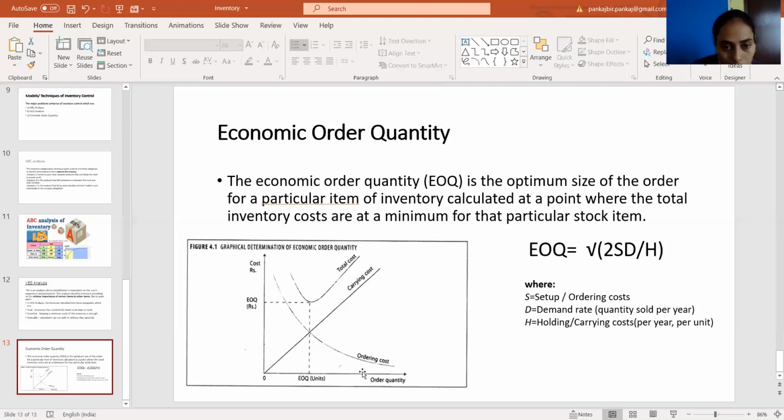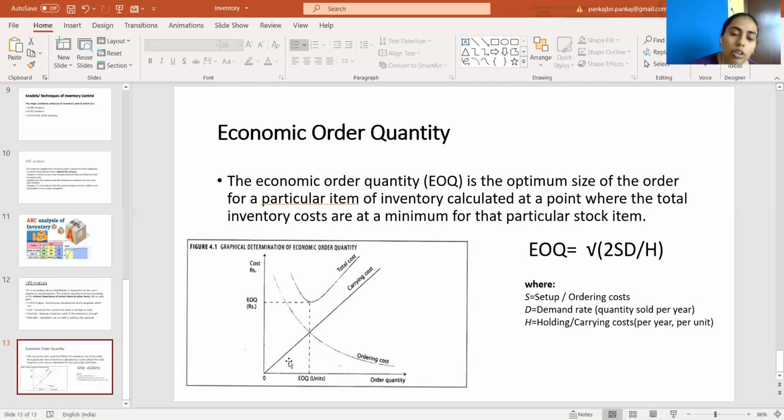So in this graph you'll see that on the x-axis there is the quantity demanded or the quantity held, and on the y-axis the cost is given. If we talk about ordering cost, since it is inversely proportionate to quantity, the graph of this is going downward, just like the demand curve.